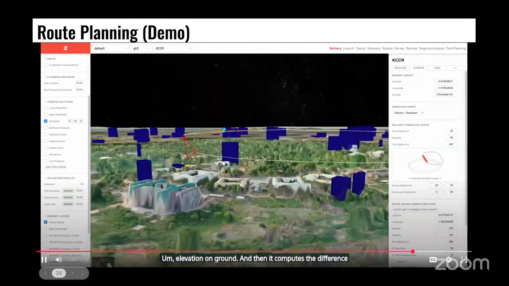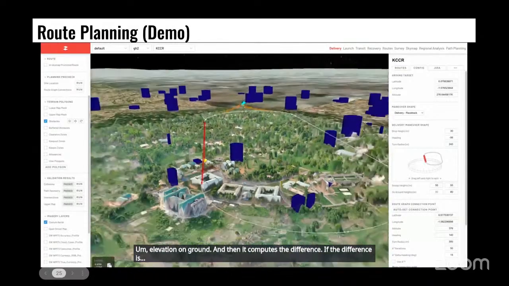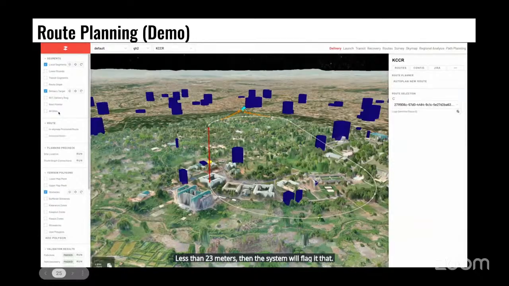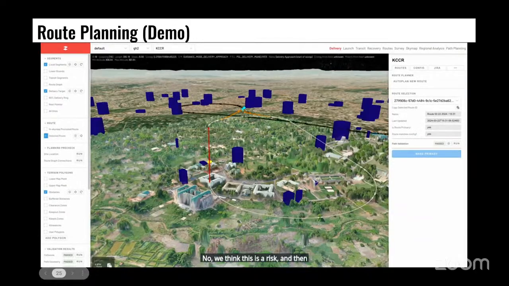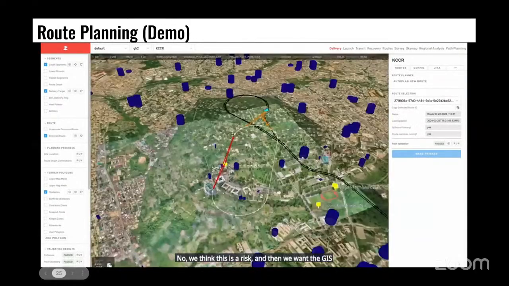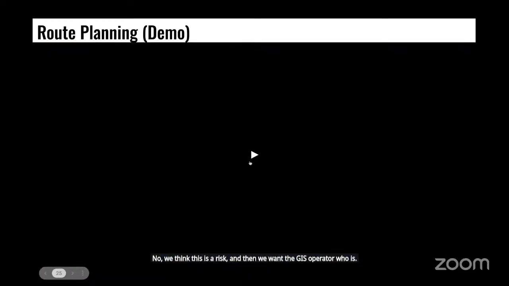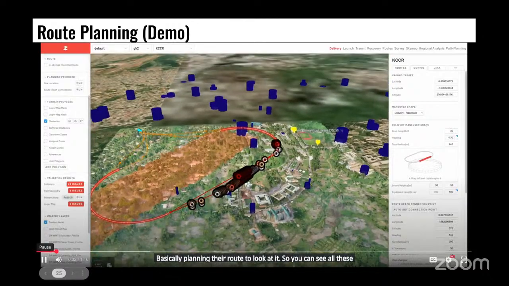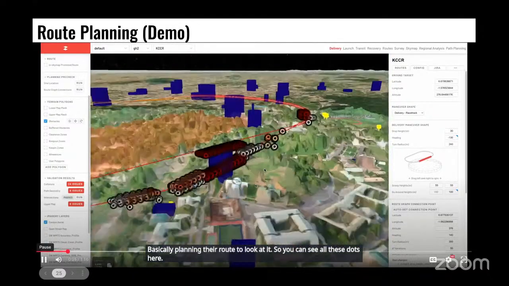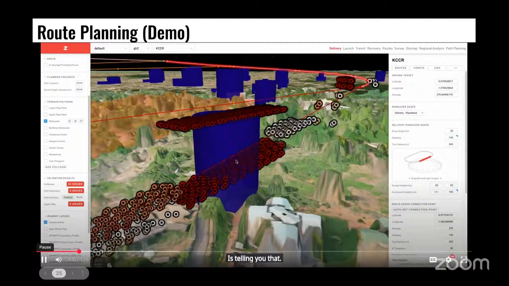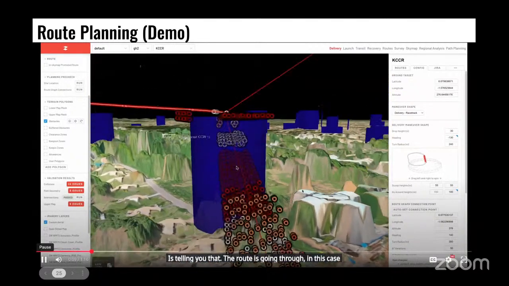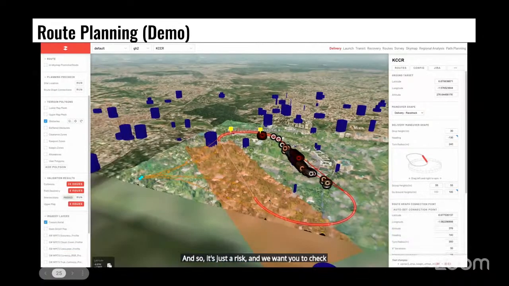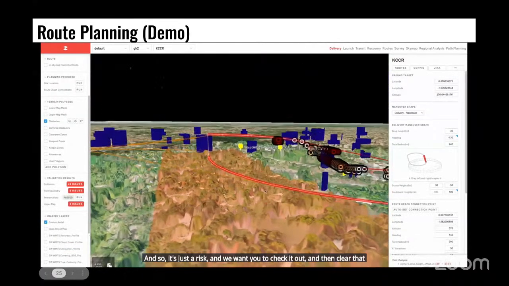If the difference is less than 23 meters, then the system will flag it that no, we think this is a risk, and then we want the GIS operator who is basically planning that route to look at it. So you can see all these dots here. It's telling you that the route is going through, in this case, this tower. And so it is a risk. And we want you to check it out and then clear that risk before moving on.